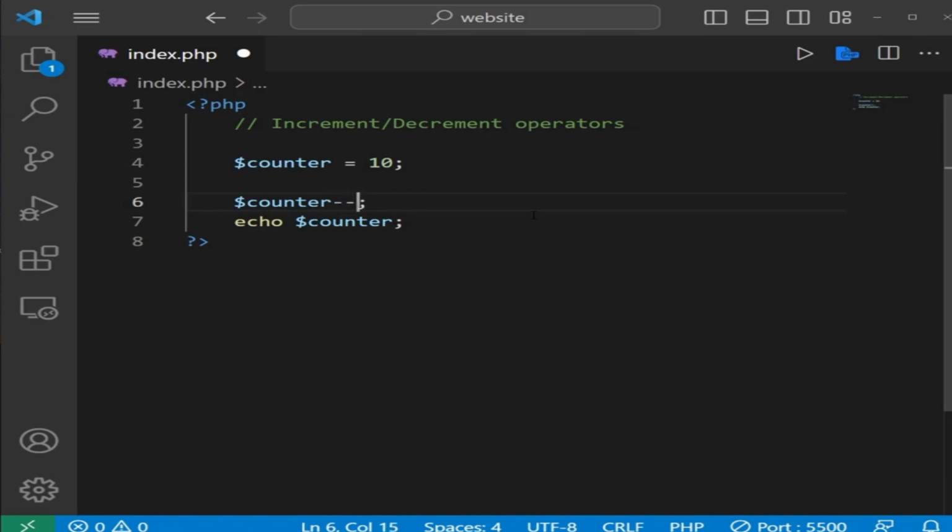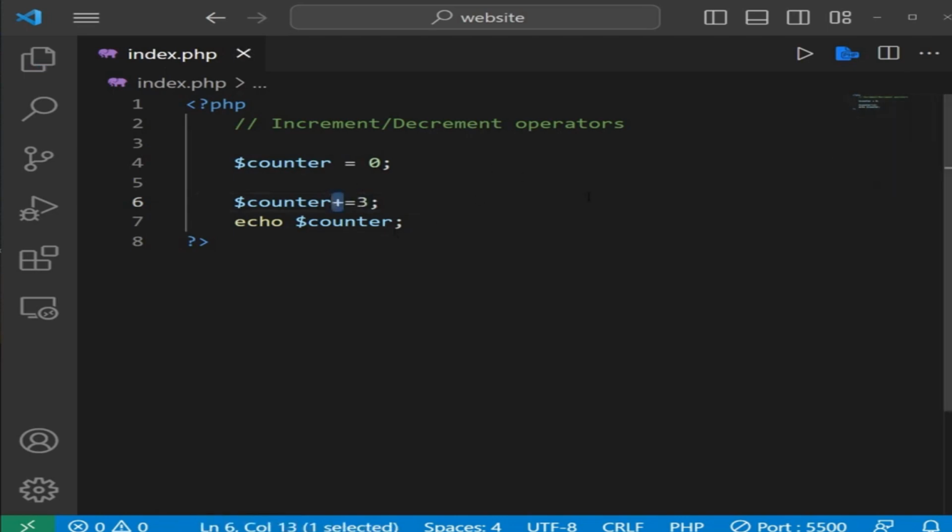You can increment by a given value too. If I would like to count by 2's, let's set counter to be 0. Instead of plus plus, you would write plus equals, then some number. Counter plus equals 2 will increment my variable by 2. Plus equals 3 would be 3.